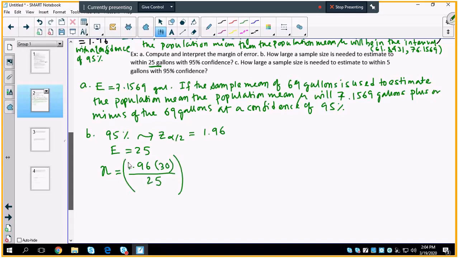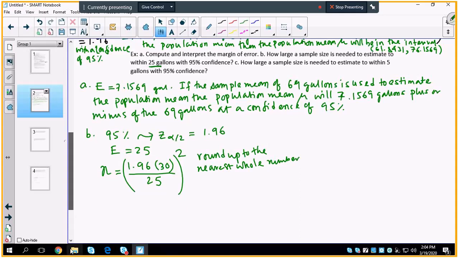So it might not be a whole number. Our suggestion is round up to the nearest whole number, and I said round up, so always round above. So let's see how much this is going to be, and I have to use my calculator in order to work it out.